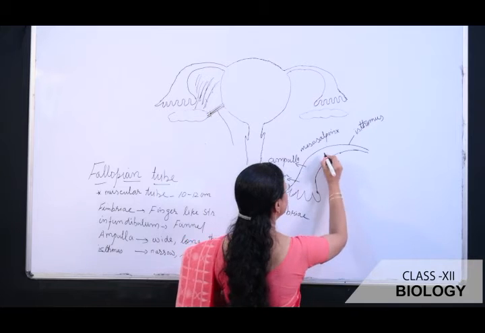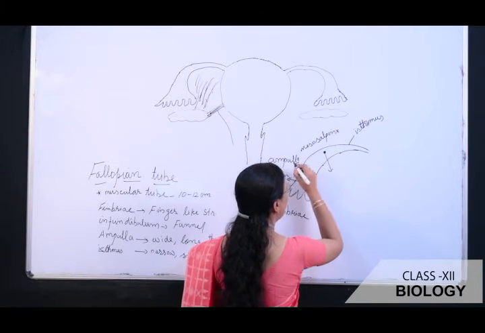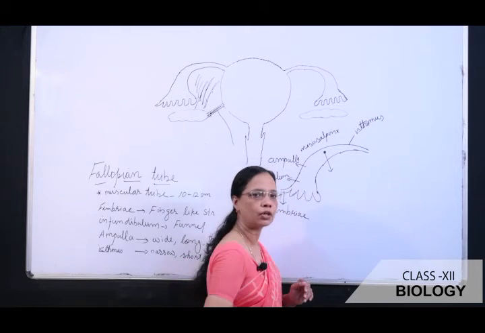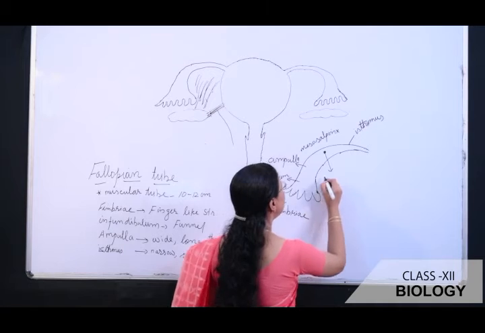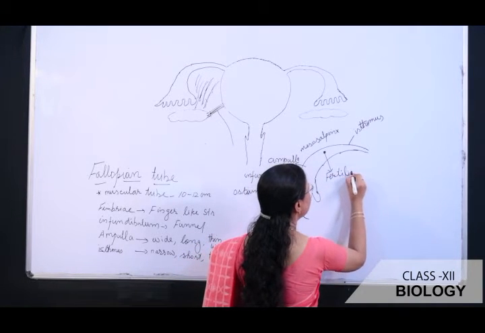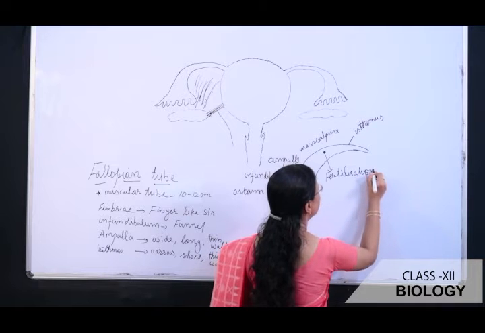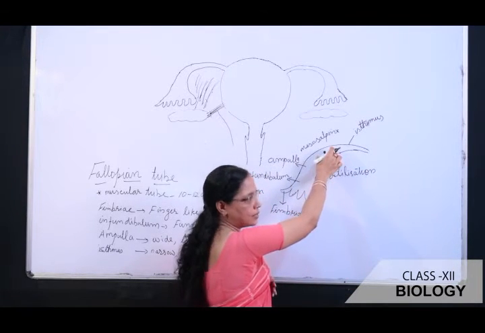So this is the junction of ampulla and isthmus. We call it the ampullary isthmus junction, where fertilization takes place. So this is the ampullary isthmus region where fertilization takes place.